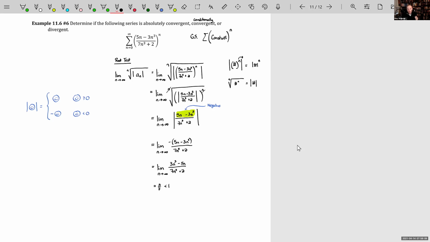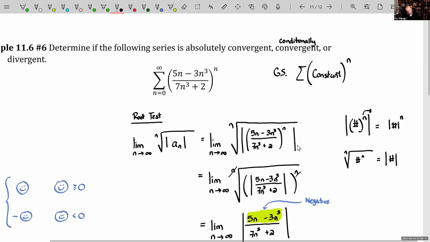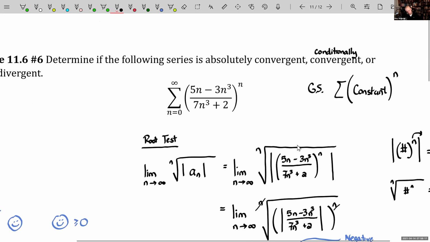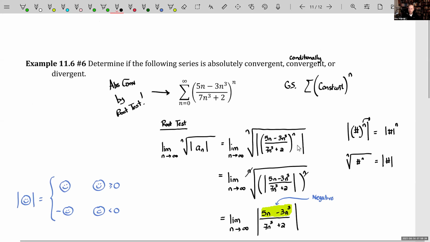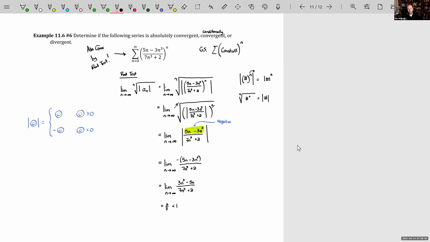The same conditions apply for the root test. That's for the root. So this is absolutely convergent by root test. Yay. There we go. Good stuff.